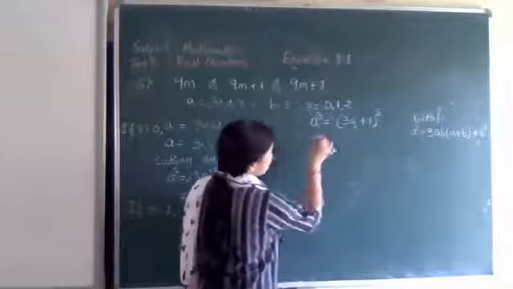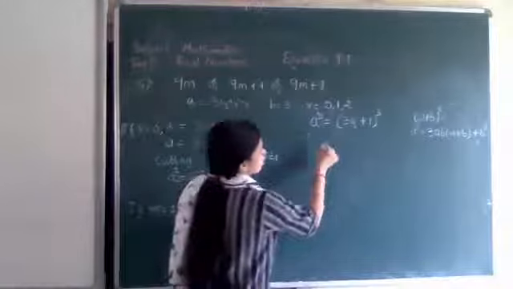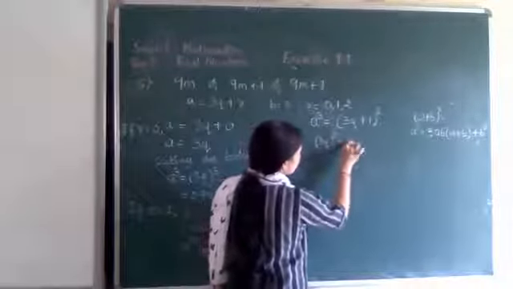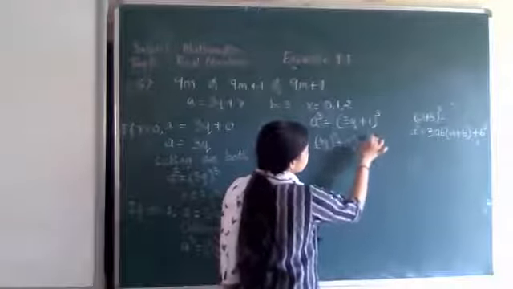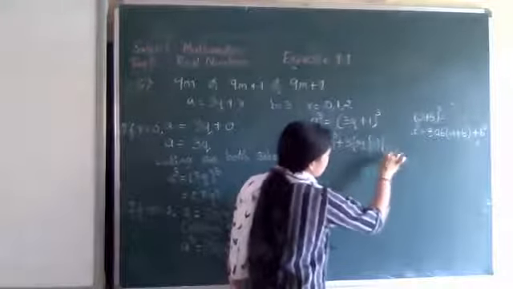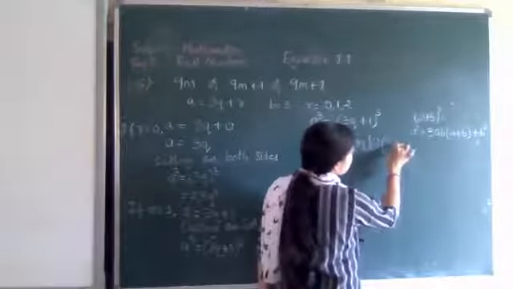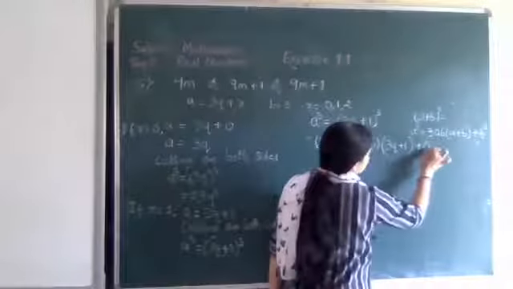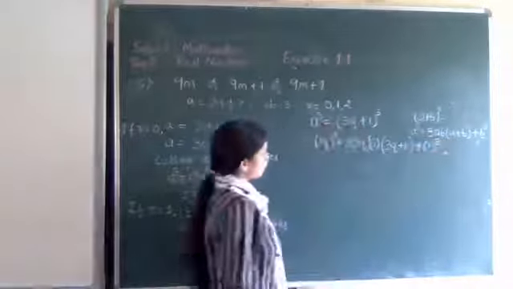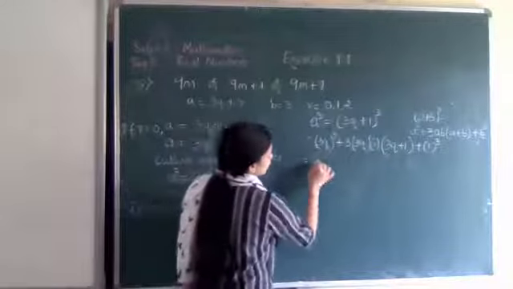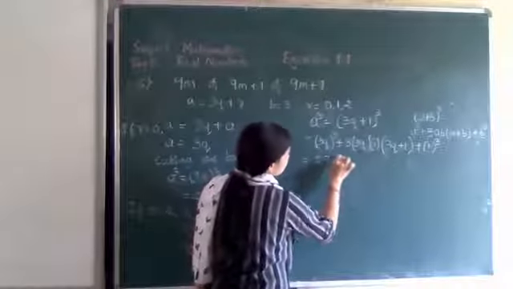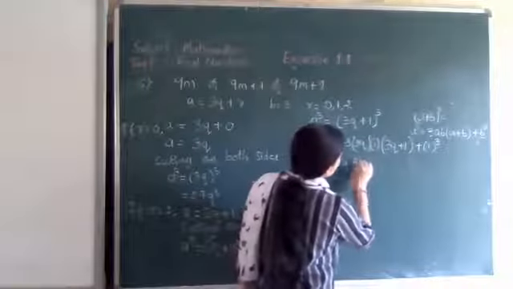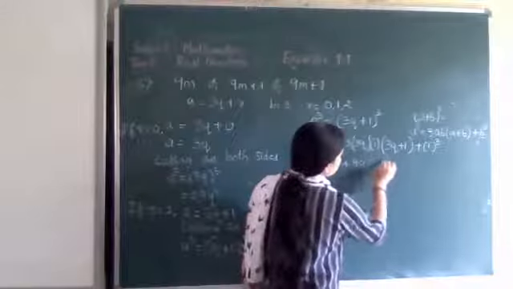Here we will simplify this 3q plus 1 whole cube. a is 3q, so 3q whole cube plus 3 into 3q into 1 into 3q plus 1 plus b cube, where b is 1. Then 27q cube plus 3 into 3 is 9, 9q into 3q plus 1.